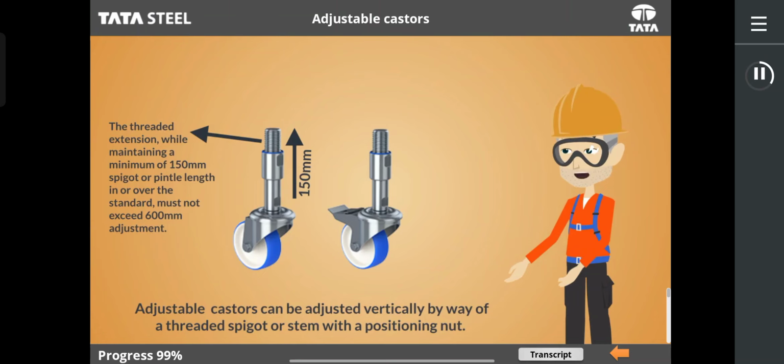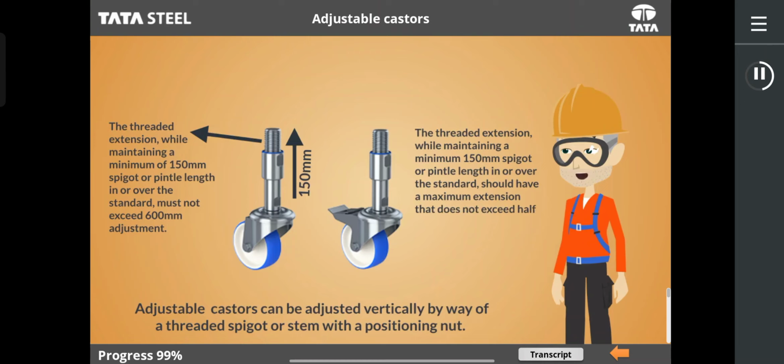Casters can also be used horizontally as a running device to keep a mobile scaffold off a surface. It is recommended that the threaded extension, while maintaining a minimum 150 mm spigot or pintle length in or over the standard, should have a maximum extension that does not exceed half of the total extension.